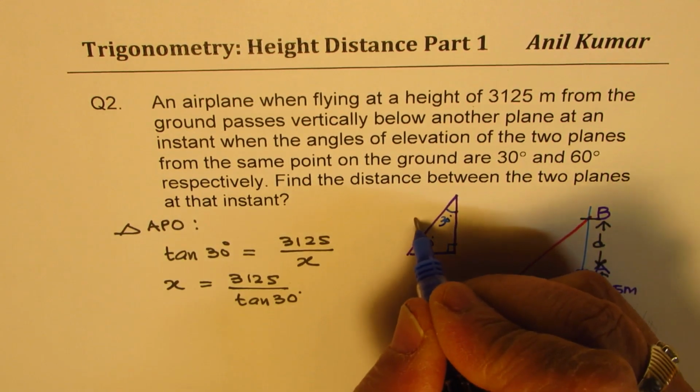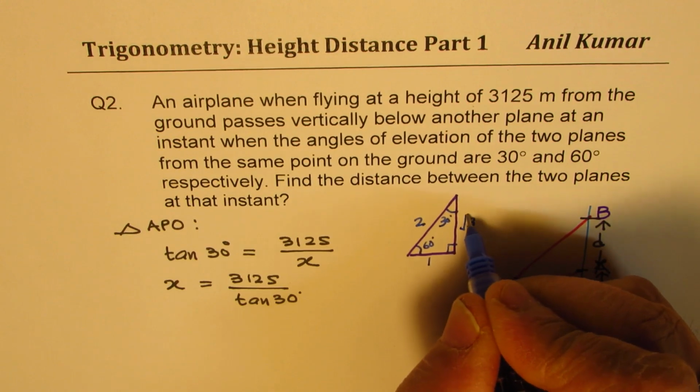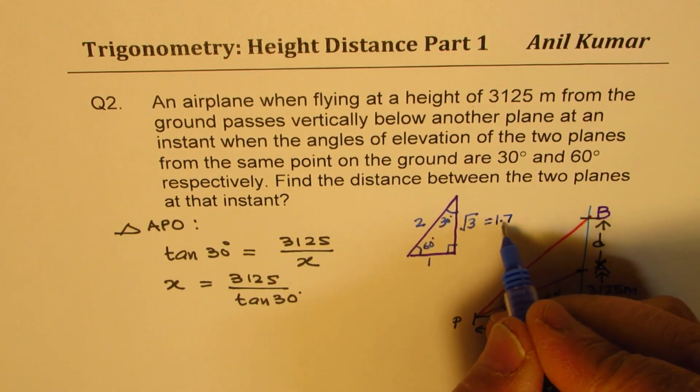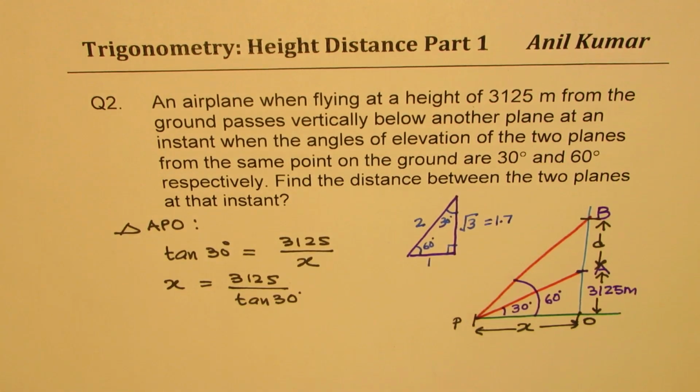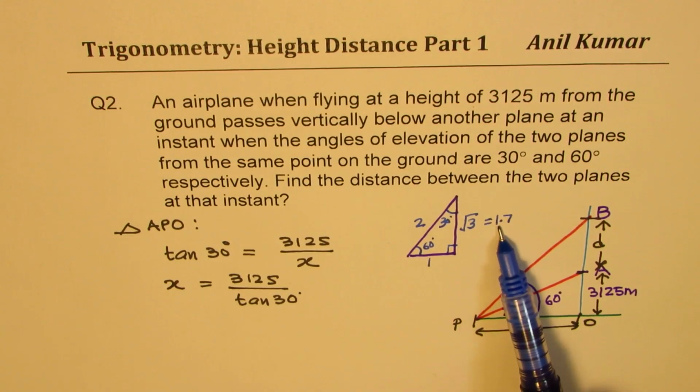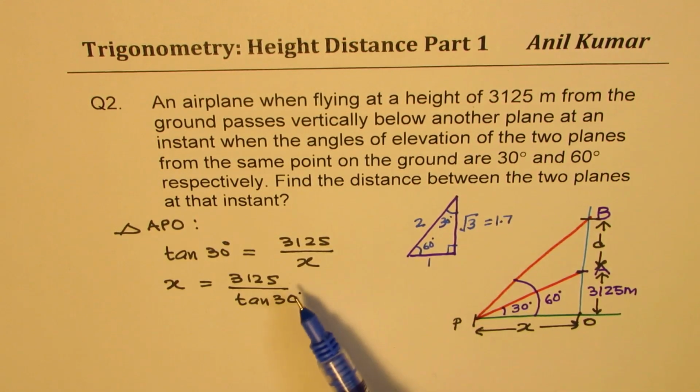The sides are in the ratio of 1:2:square root 3. Square root 3 can be taken as 1.7 for most calculations. So if a calculator is not allowed, you could do that. Otherwise, use your calculator. So tan of 30 will be 1 over square root 3. Good. So you can find the answer using this.